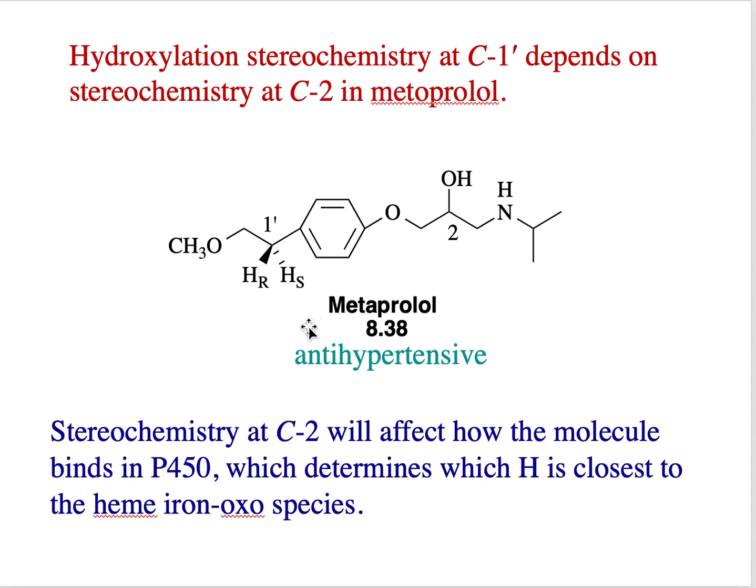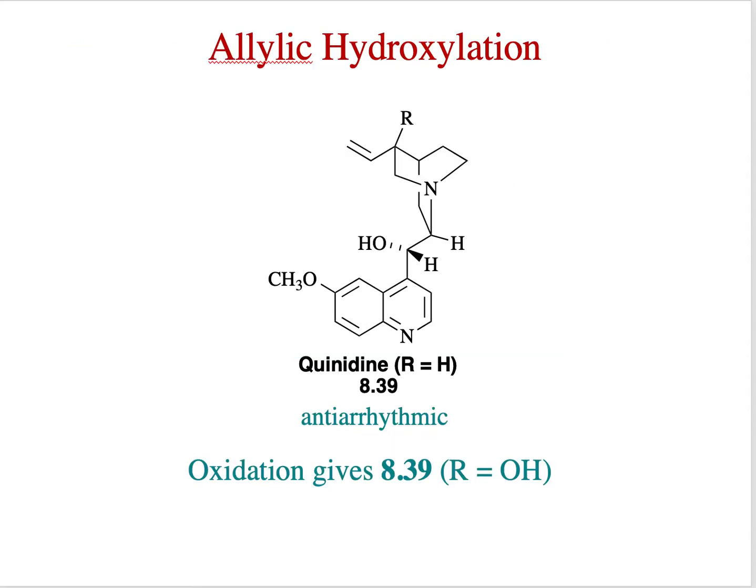This is kind of, you can start to oxidize either one of these protons depending on how it binds with cytochrome P450. Here we're able to do an allylic hydroxylation, so we're able to hydroxylate here.